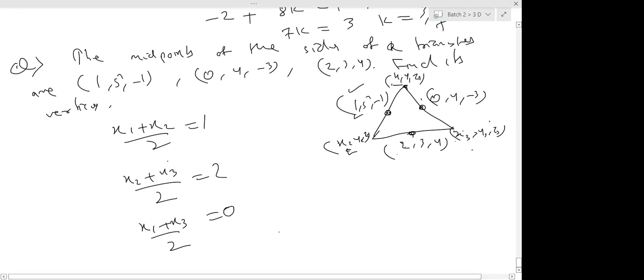All right, try to solve. Sir, what is this written at the right side?